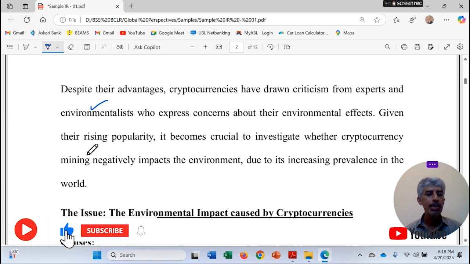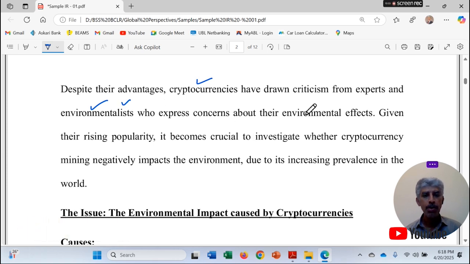If I move on here, despite their advantages, you can have some criticism from experts and environmentalists. So now the student is drawing that relationship between the cryptocurrencies and the environment. In this particular paragraph, the student has highlighted, or explained, the relationship between the cryptocurrency and the environment.